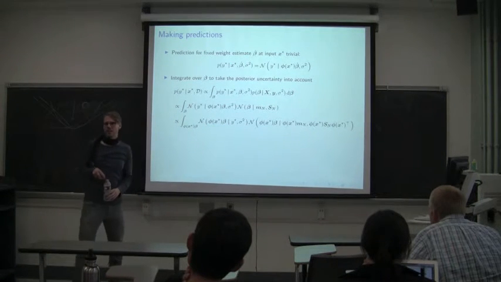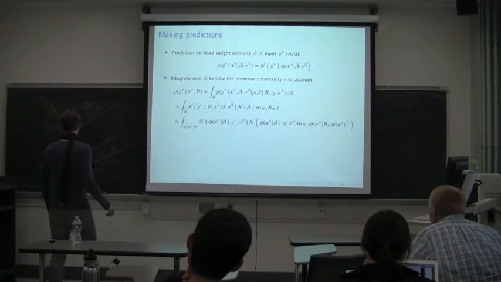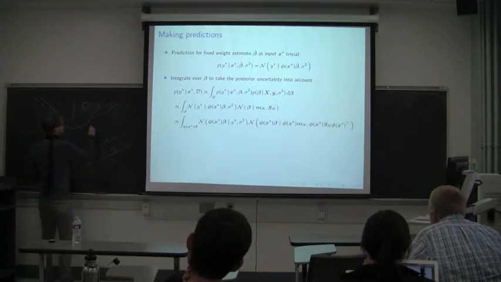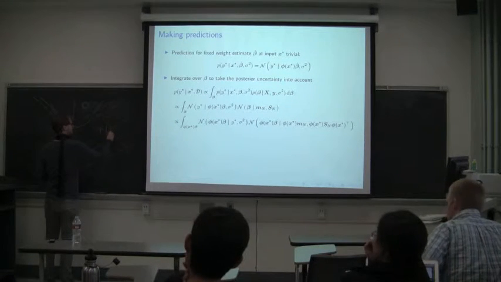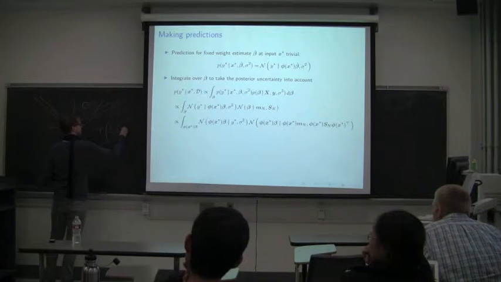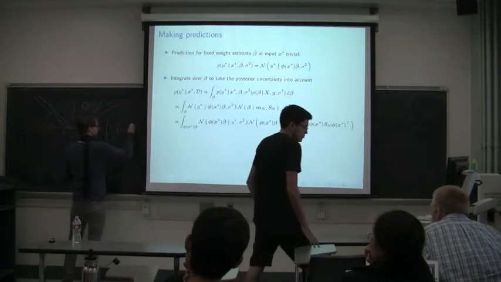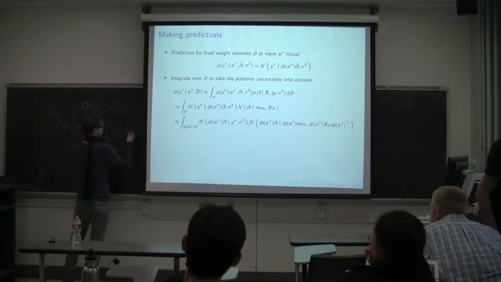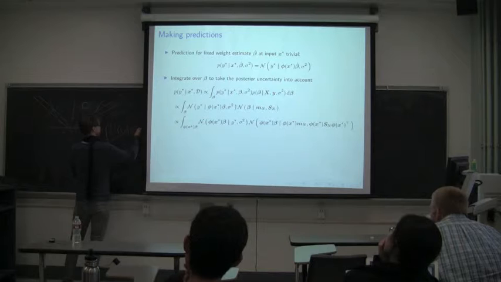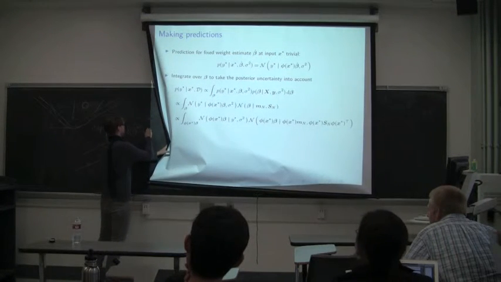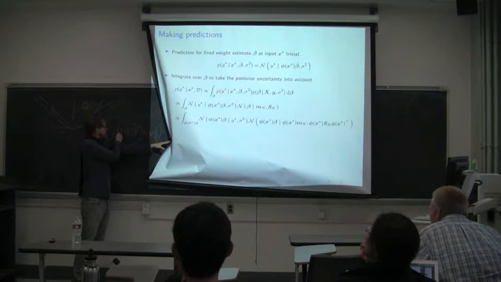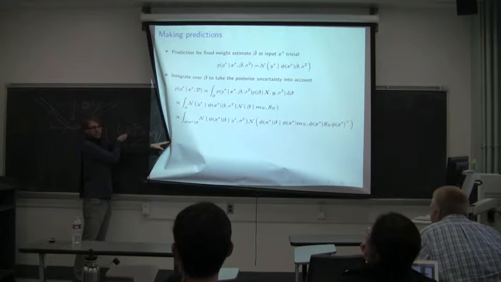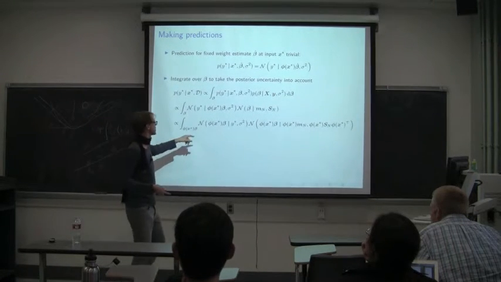Because if you look at the quadratic part in the exponent, this is the variable and this is the mean, but if we flip those two and solve the square, it will be the same. So this is something that we can do.